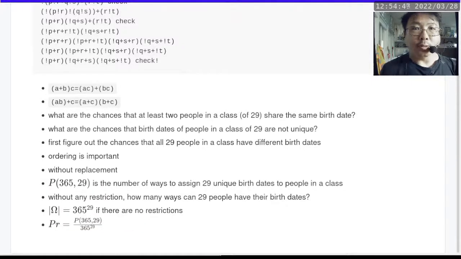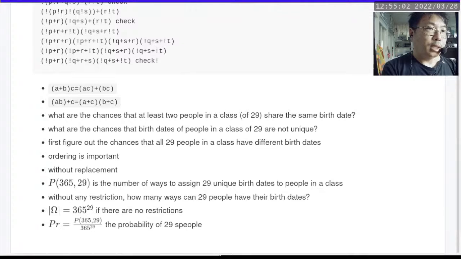So this is the probability, but what probability are we talking about? We are not really talking about the probability that we originally wanted to find. This is the probability of 29 people in a class all having unique birth dates.